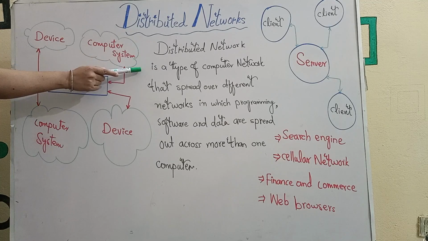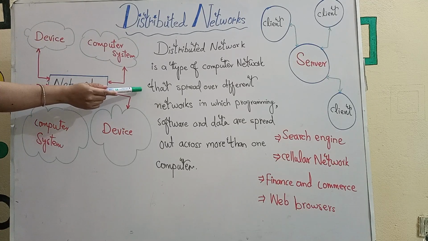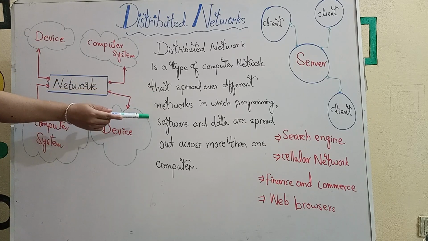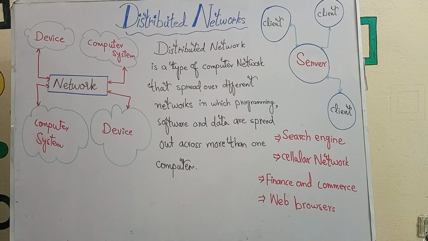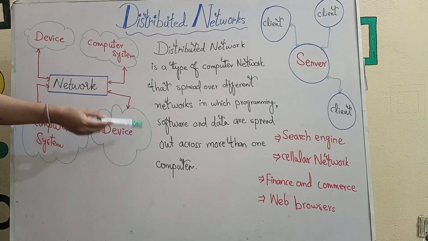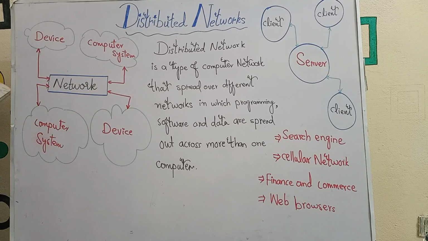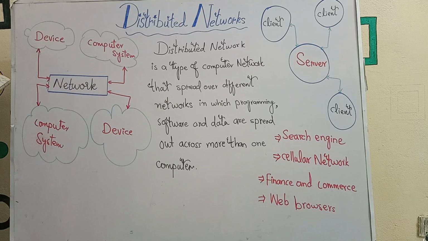The distributed network is a type of computer network that spreads over different networks, in which programming, software and data are spread out across more than one computer. That means the processing and the data are spread out across more than one computer. This provides a single data communication network which can be managed jointly or separately by each network.